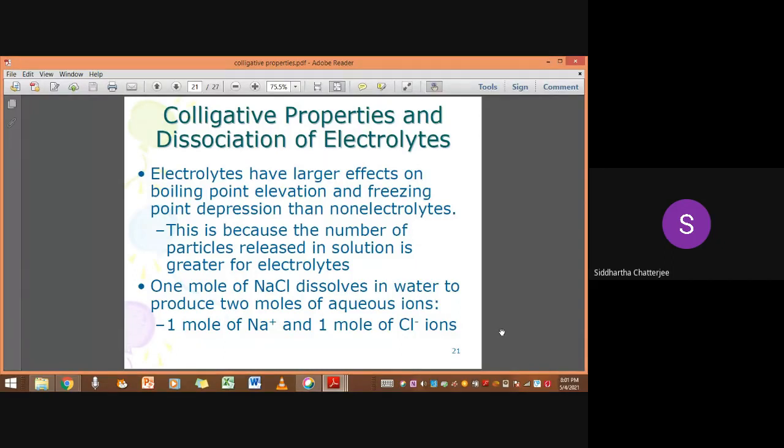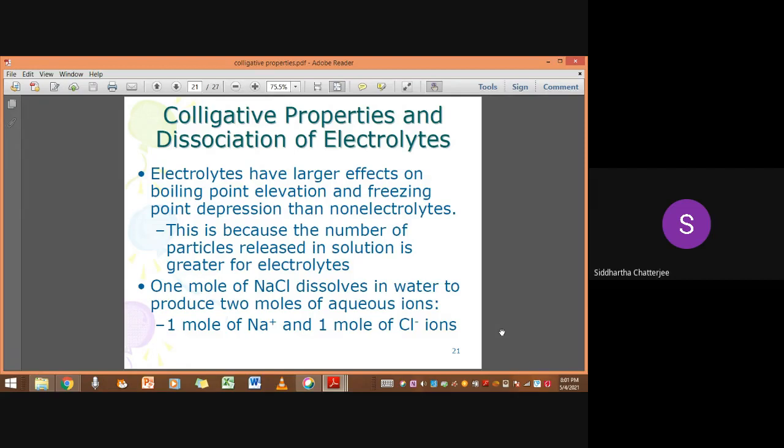In comparison, whenever you are adding some electrolyte, as you know, electrolytes do not remain as free molecules, they ionize. Ionize means the number of particles is going to increase. So that's why, by the addition of the electrolyte, the elevation in the boiling point, depression in the freezing point, relative lowering of the vapor pressure, and osmosis of the solution increase. That means overall all the colligative properties increase.